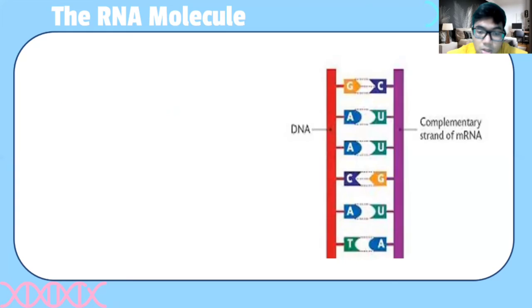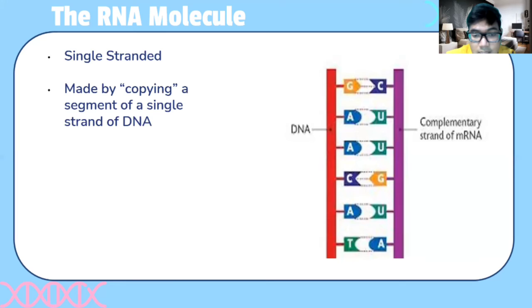The RNA molecule does have some differences from DNA. First, RNA is only single-stranded. Remember, we said that DNA can never leave the nucleus because it's too big. Well, part of the reason that RNA is single-stranded is so it can leave the nucleus.